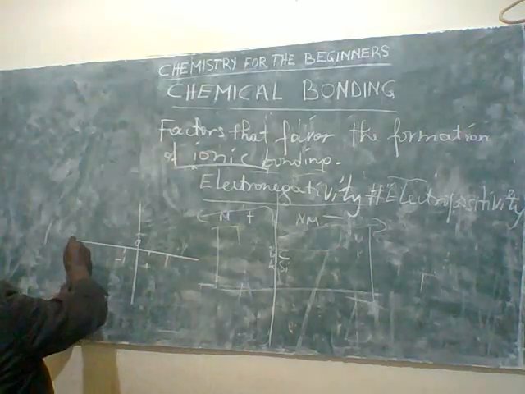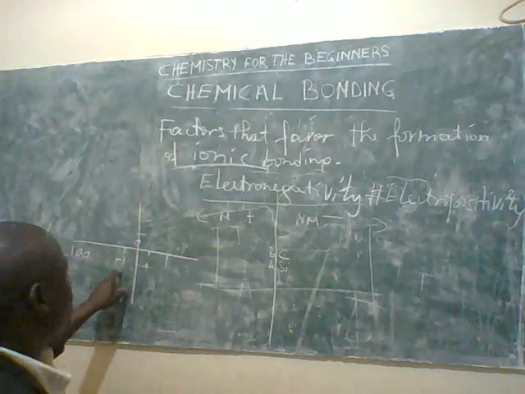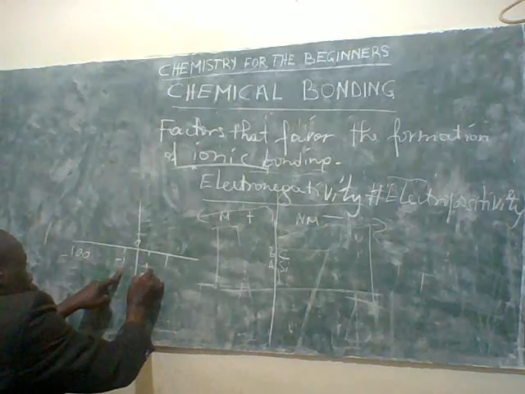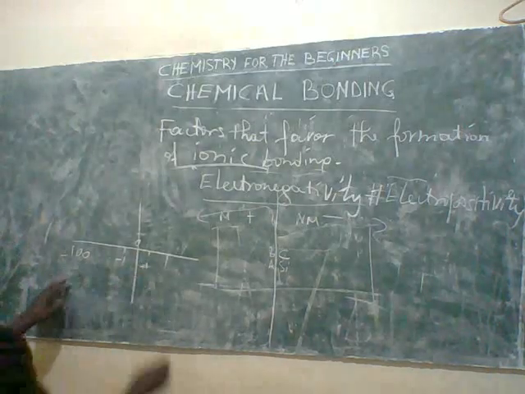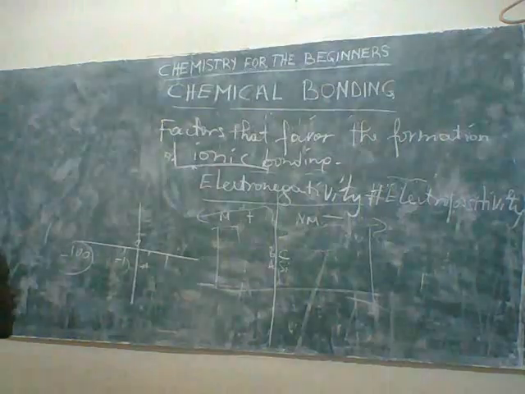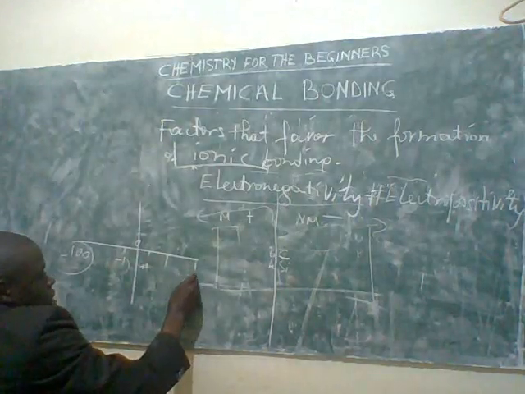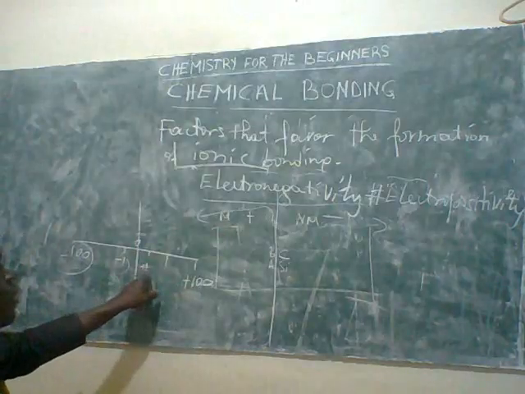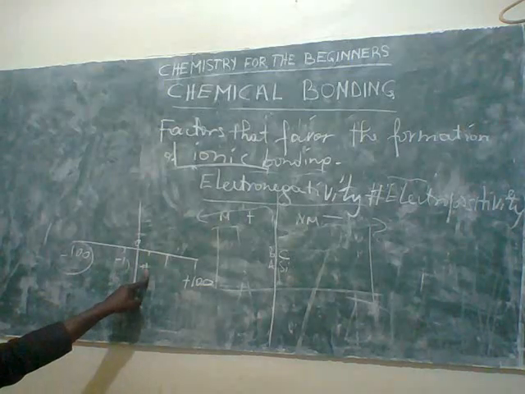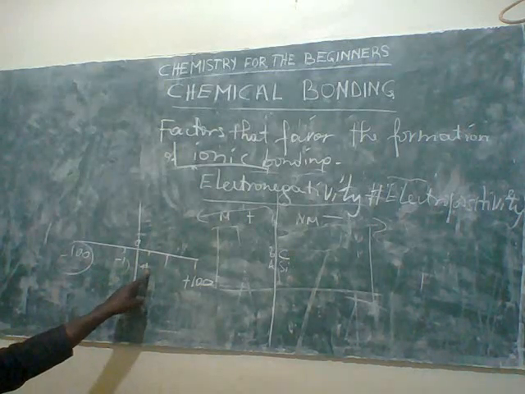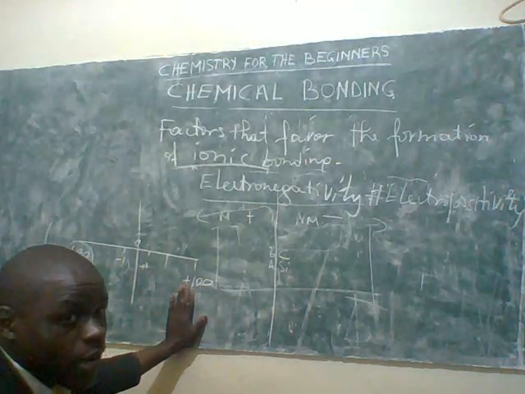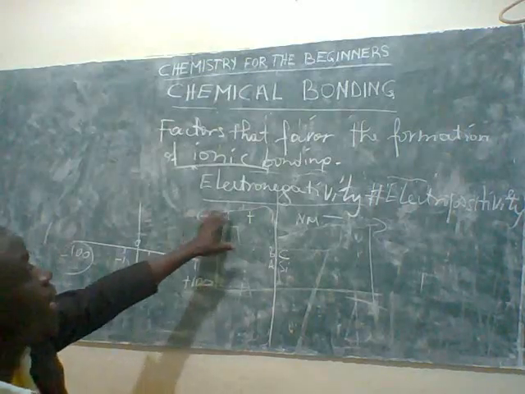Comparing -100 to +1, +1 is more positive. And here, when we have +100, +1 is more negative if we are going toward -1. That's what we call electronegativity.